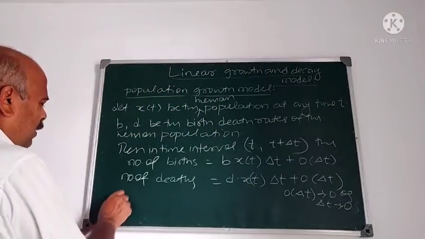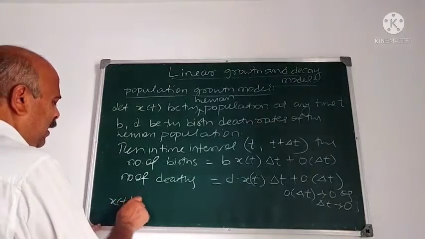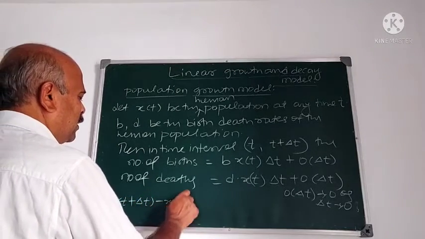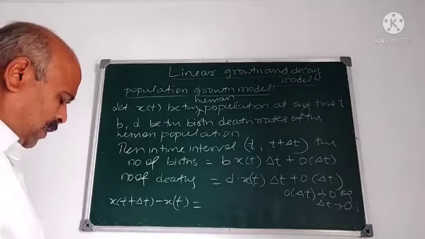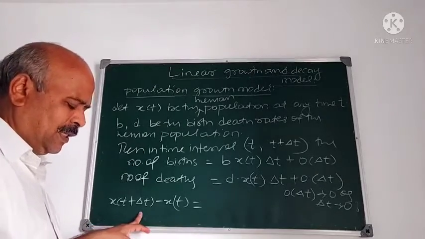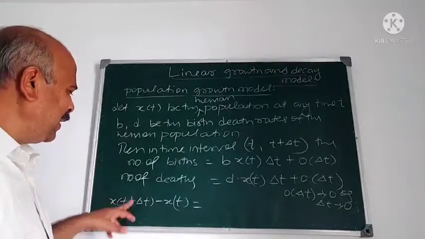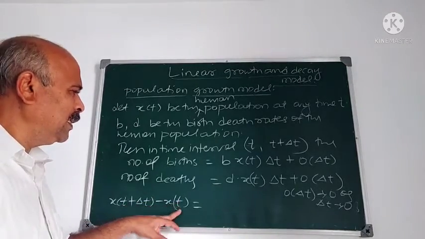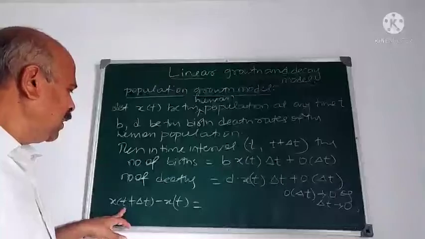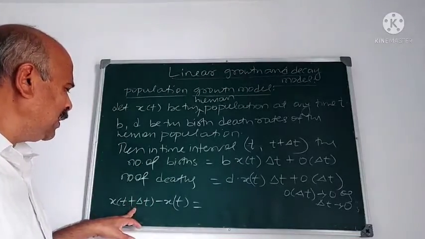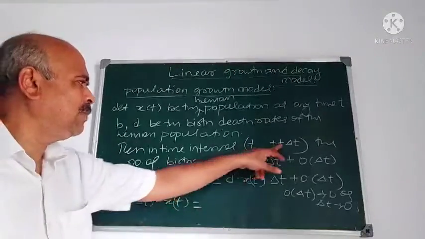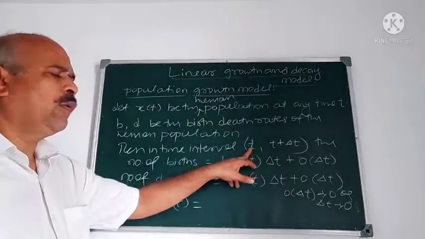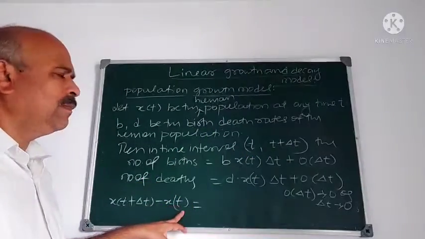Now, therefore, x(t plus delta t) minus x(t) is the population size at t plus delta t minus the population size at time t.